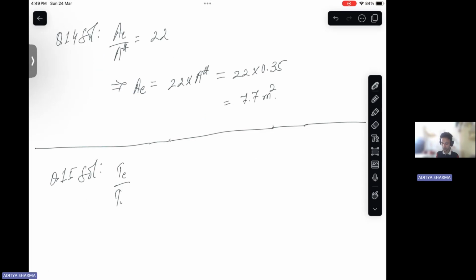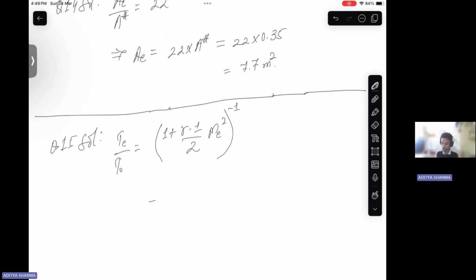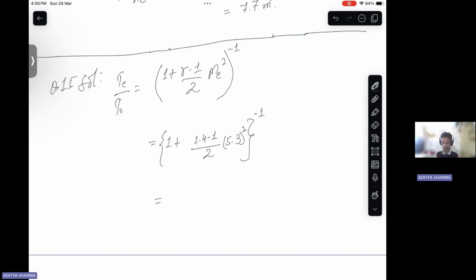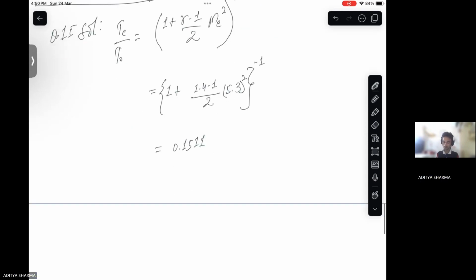So T exit by T naught equals 1 plus (gamma minus 1) by 2 M exit square, minus 1. So this is 1 plus (1.4 minus 1) divided by 2, 5.3 whole square, and this whole minus 1. So if we solve this, this comes out to be 0.1511.